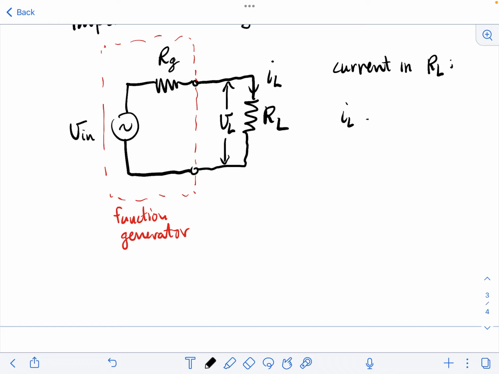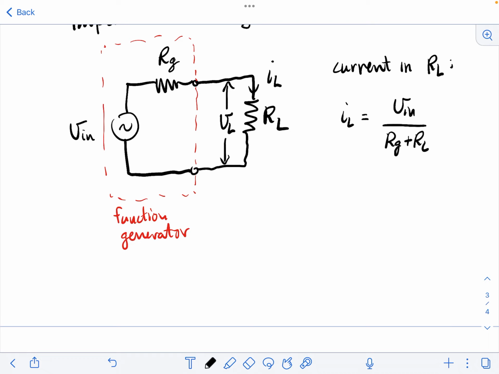So it's just given by the output voltage divided by the total resistance in our circuit, which is a series combination of RG and RL. And so what we could do is say, well, what if I wanted to get the largest possible current in my load resistor?